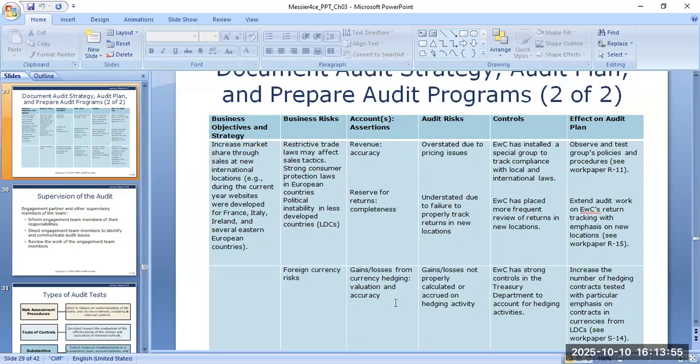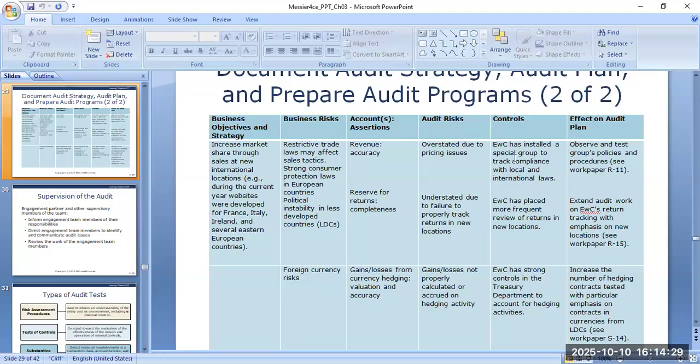That would be a violation in accuracy. Audit risk: revenue may be overstated due to pricing issues. Reserves and returns understated due to the failure to properly track the returns in the new locations. Gains and losses not properly calculated or accrued on the hedging activities.